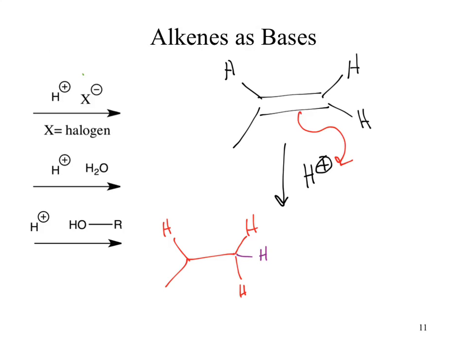Put our hydrogen here, or we could put our hydrogen on the other side. What am I missing so far in this structure? Or are they both perfect and beautiful?